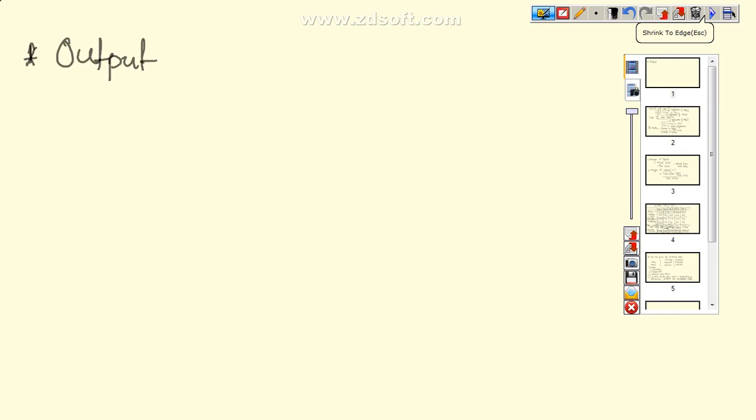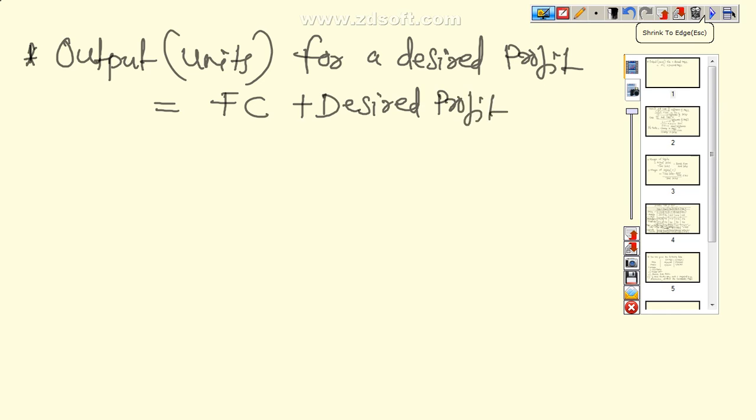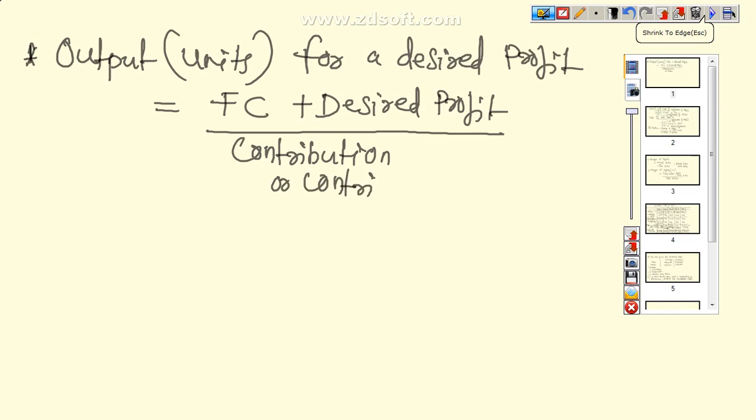Output or units for a desired profit is equal to fixed cost plus desired profit upon contribution, or sometimes contribution per unit.